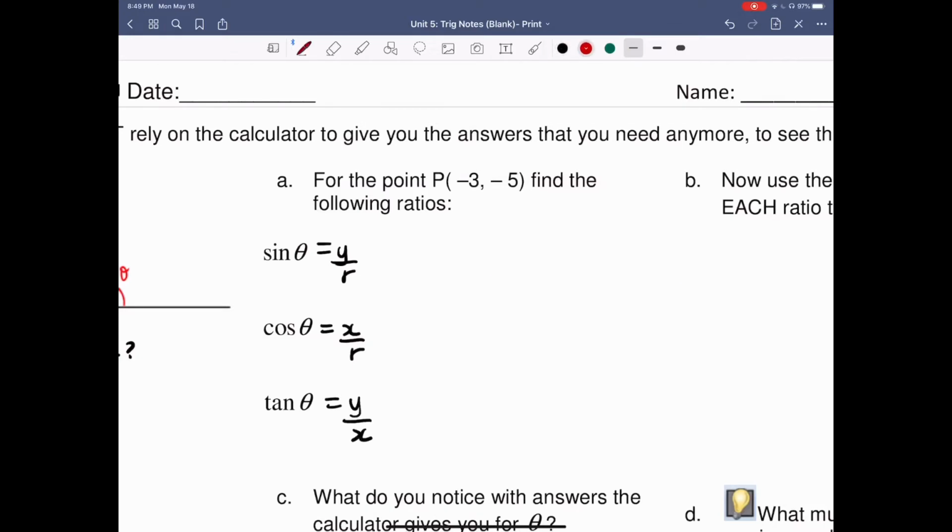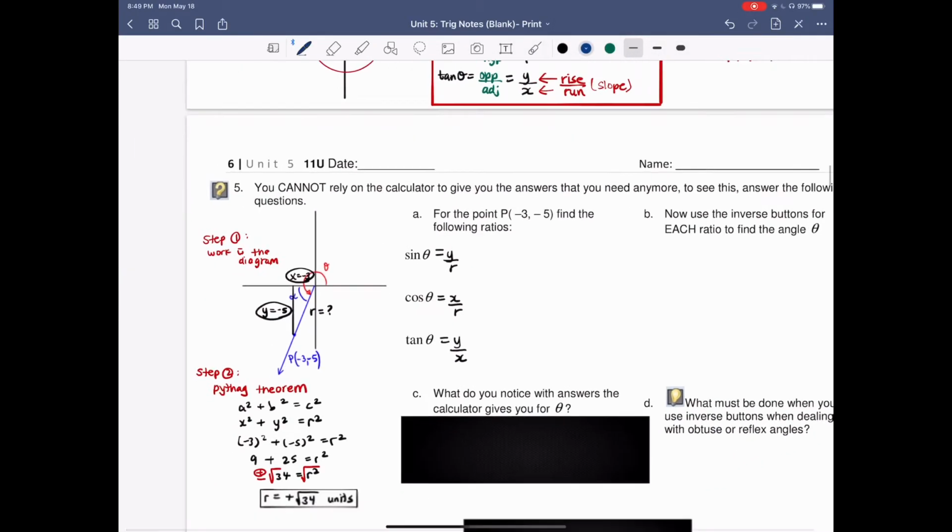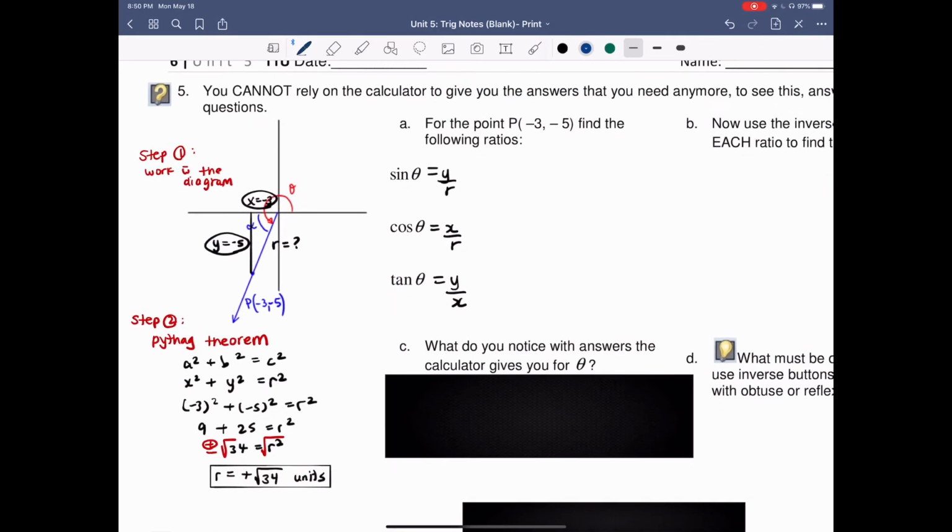I'm going to start plugging in. y is equal to -5, my radius is equal to square root of 34, and x is -3. So sine theta is -5 divided by square root 34, cos theta is -3 divided by square root 34, and tan theta is -5 divided by -3. Tan theta looks pretty simple. I just need to divide, and I'll leave it as a fraction, 5 over 3.